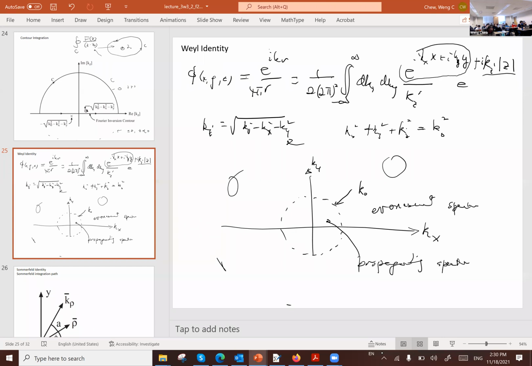Which means that if you are away from the source point, if you make z not zero, you find that the evanescent spectrum is merely cut off. If you make z equal to 0, you're very close to the source point, the same coplanar point with the source point, you see a very broad band integral. Can you see that?